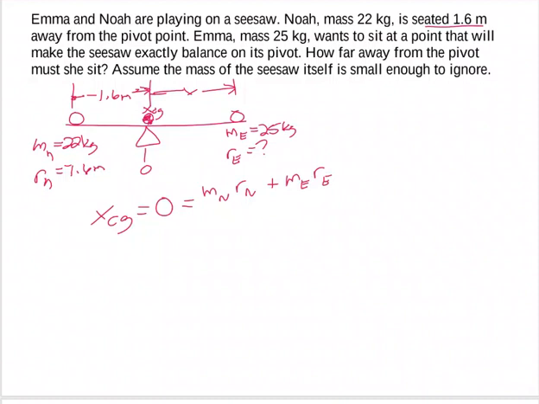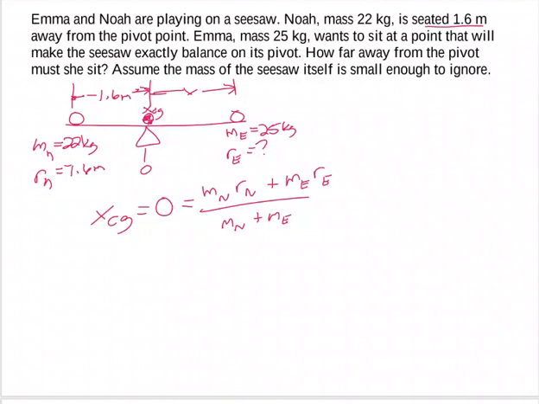And that's it, divided by mass of Noah plus mass of Emma. So then we just solve that equation for R_E. We're going to solve for radius of Emma because that's what we're looking for.